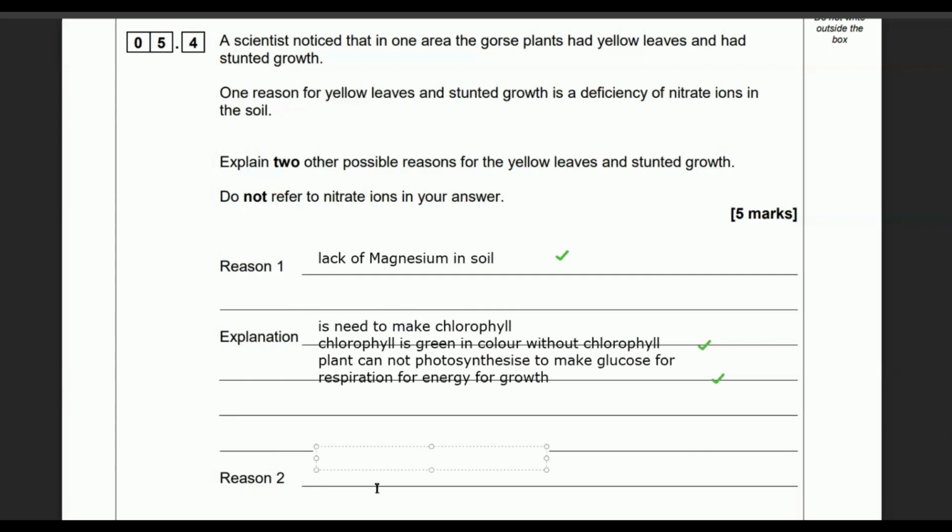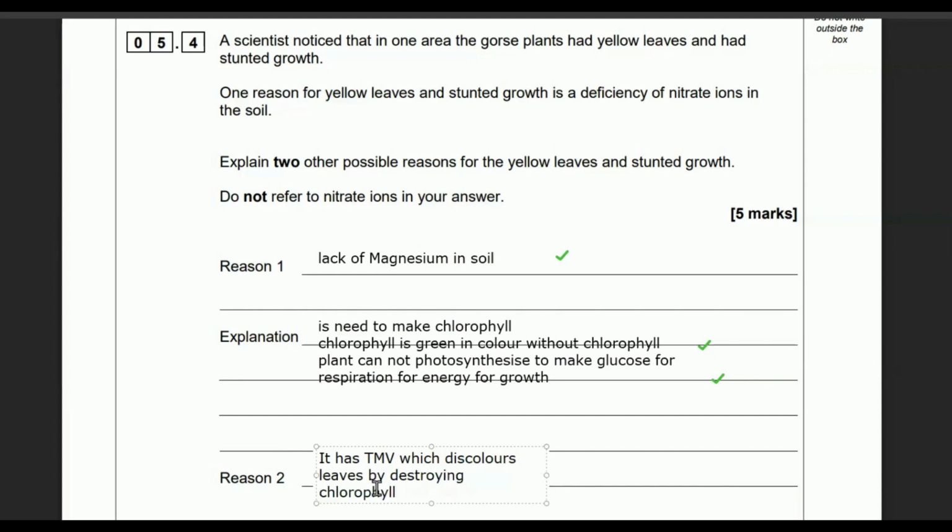So another reason we could go for, it's got diseased. We could name a disease. What are two plant diseases you know of? You got rose black spot, you got tobacco mosaic virus. So I'm just going to say it has tobacco mosaic virus or TMV, which discolors leaves by destroying chlorophyll.